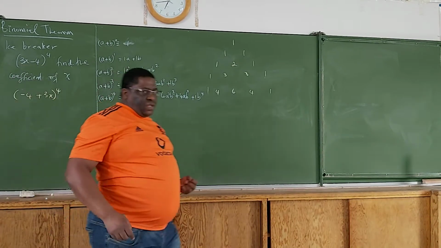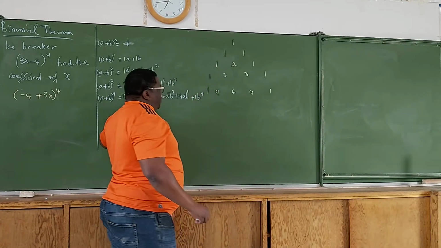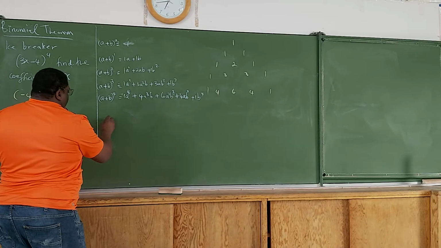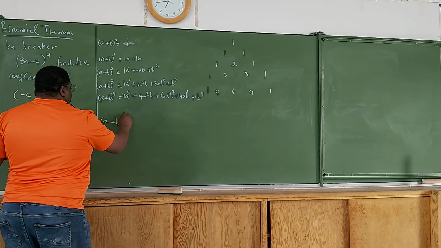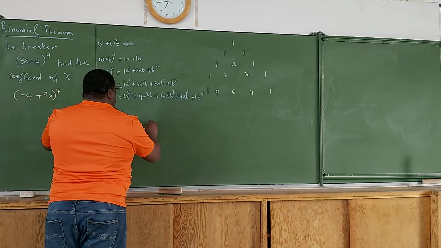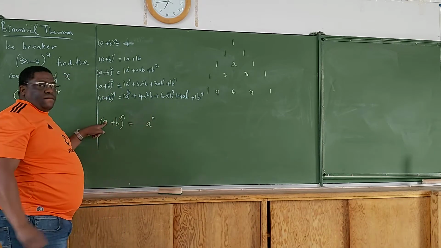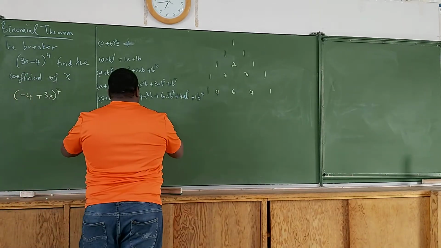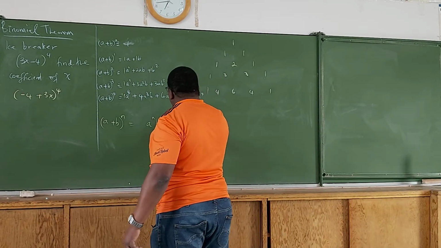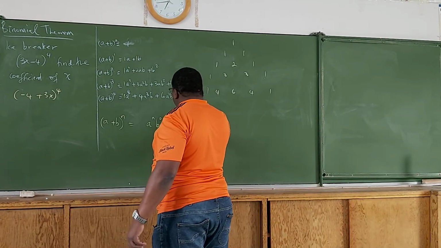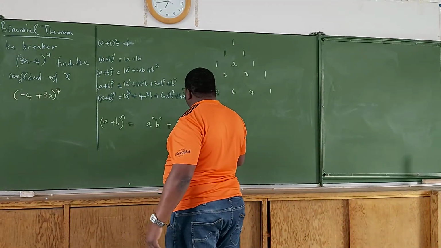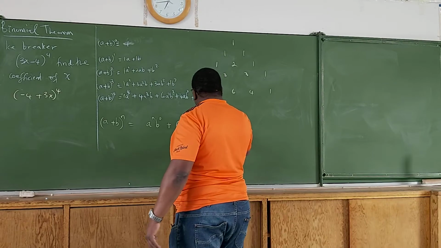And I want to bring in this notation for finding these coefficients. Right, so the way we have our formula so far, we have (a + b) raised to the n. So it's going to be the first one, a to the n. Are you with me? Then b to the 0, plus a to the n minus 1 because it's decreasing, b to the power 1, plus a to the n minus 2.